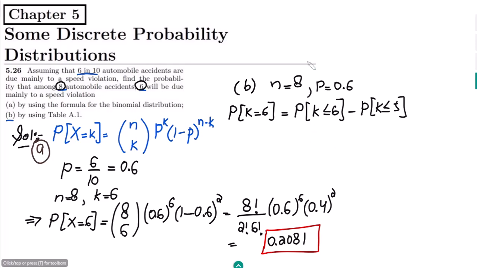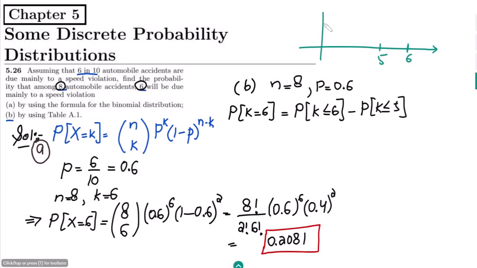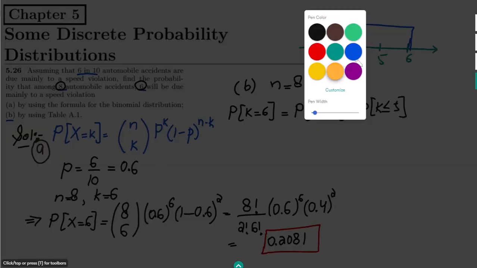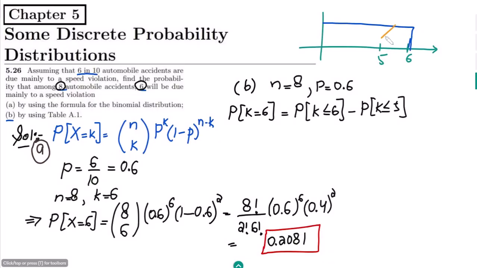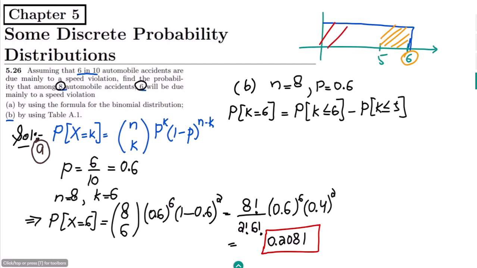Okay, why this? Because if I can see here that this is the distribution, here I have the 6, here I have 5, and I have this distribution. Let me have it for this 6, and what I want to find is this area which is here. So from this I have to subtract this area, which let me highlight in red.